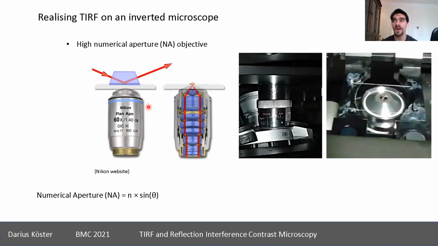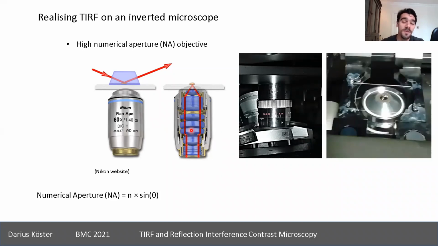And again, if you look for TIRF objectives, you will see they're all like 1.49, 1.45. The other important thing for TIRF objectives is that you don't want to have, actually this one is maybe not so great, it's a DIC, any prisms in the objective itself, which can sometimes be inserted for contrast microscopy, because they would cut away your laser light.